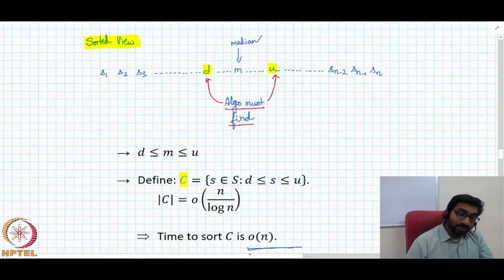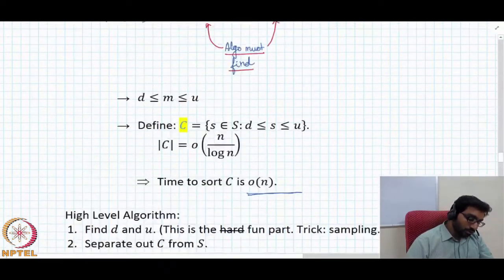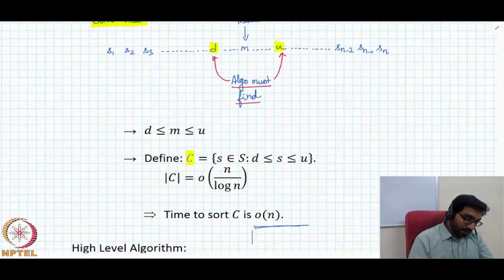And this will mean that if you sort C, you only require little o of n time. So D and U are on either side of M, and the set C that we've defined here is small.